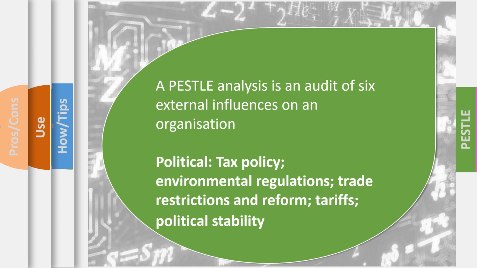Then if you've got cheaper beef and chicken coming in, that's going to mean increased competition for local farmers and traders who actually deal and sell beef and chicken in the UK.